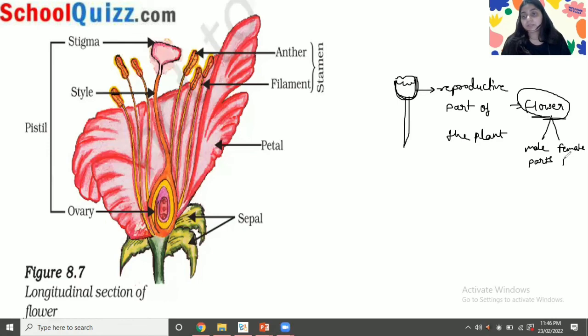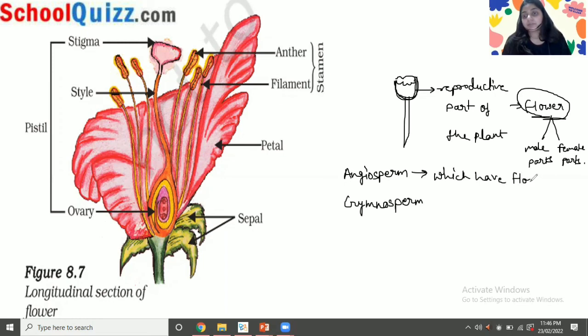In plants there are two types, angiosperm and gymnosperm. What is an angiosperm? The plants which have flowers, or flowering plants.